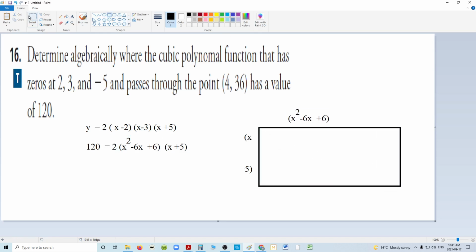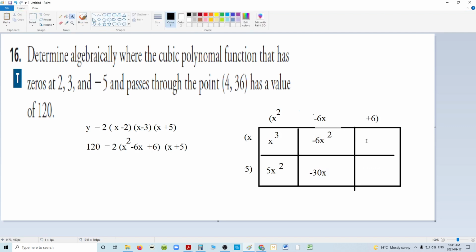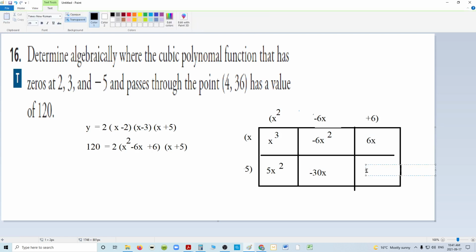It helps if you spread all the terms out quite a bit. And then you just draw lines to represent how many terms you're dealing with. And you start by multiplying them individually. So I get x cubed on this one. I get 5x squared. Here I get minus 6x squared. Here I get minus 30x. Here I get 6x. Here I get 30.